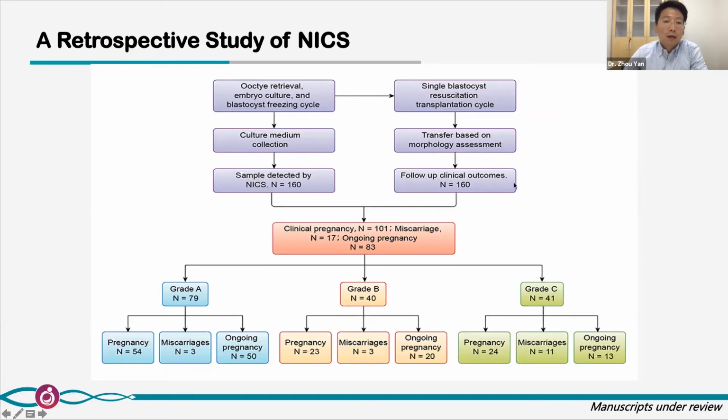After the clinical outcome was acquired, there was a clinical pregnancy of 101, with subsequent ongoing pregnancy of 83. Then we use this data to look back: given the NIPT grading of A, B, and C, what is the pregnancy rate, the miscarriage rate, and the ongoing pregnancy rate.